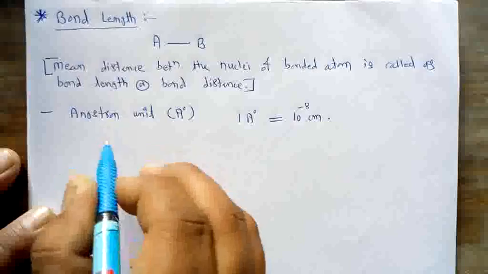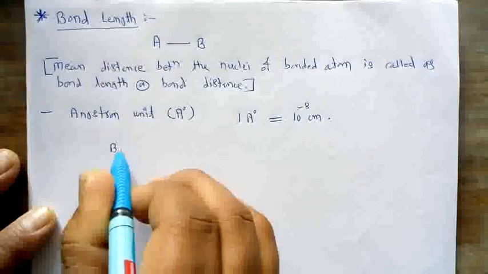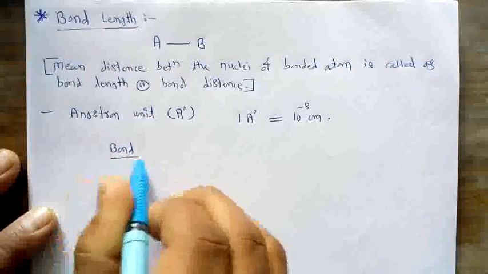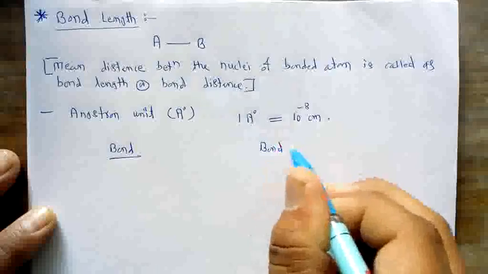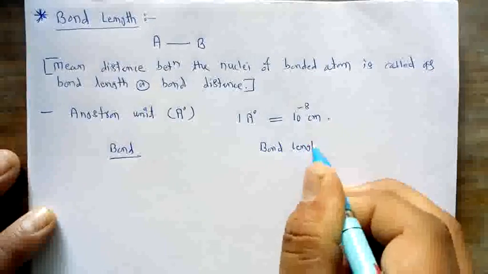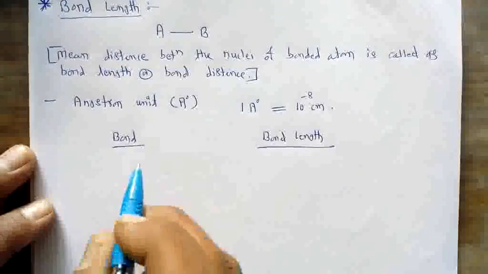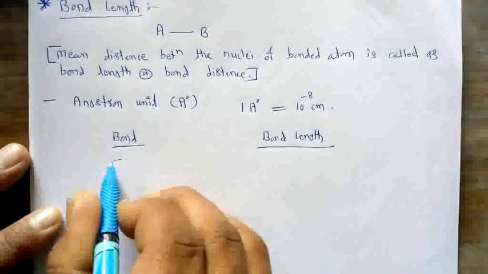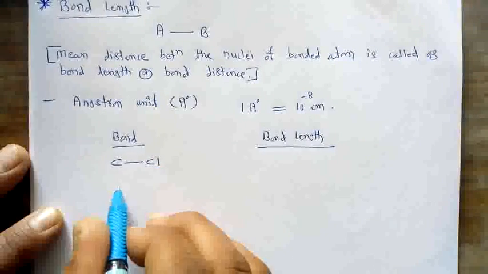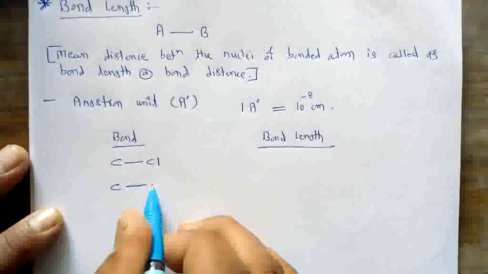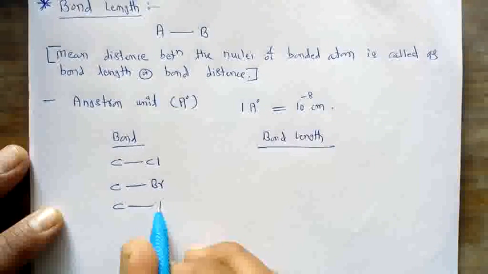Suppose we consider the different types of bonds and their respective bond lengths, then it varies depending upon the nature of the atoms present in a molecule. Suppose we consider the first bond between carbon and chlorine atom, second between carbon and bromine atom, and the third between carbon and the iodine atom.